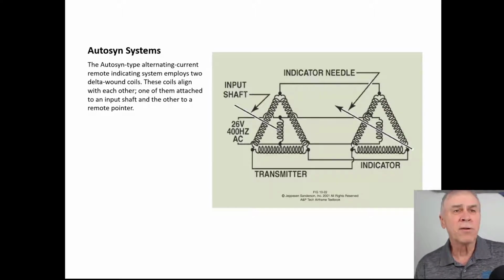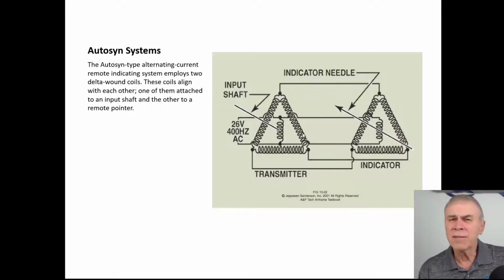The Autosyn alternating current remote indicating system employs two delta wound coils. Delta kind of looks like a D, I suppose, if you tipped it off to the side, as opposed to the Y, which is shaped like a Y, and the three all meet in the middle.